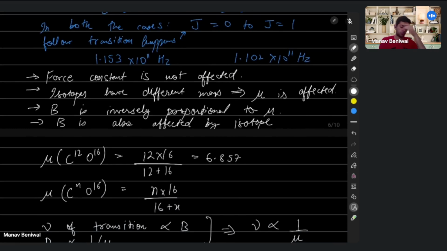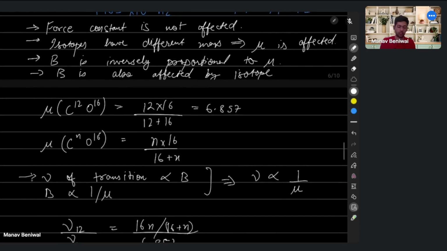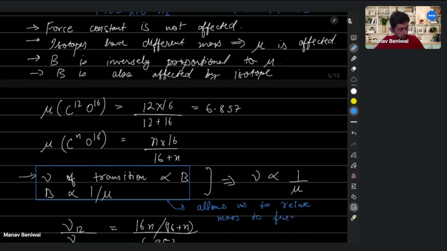Finally, we make another note that this nu, which is the frequency we are measuring, is directly proportional to b, so it will be inversely proportional to mu. This is the crucial step, and this allows us to relate mass to frequency.